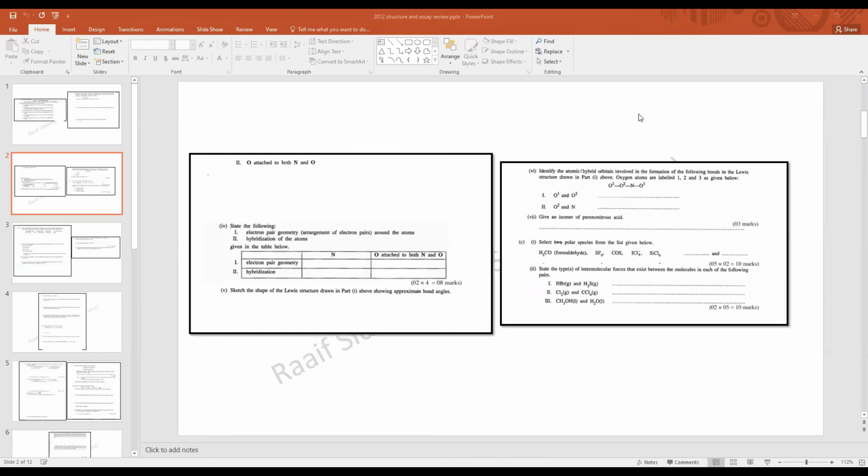Normally we identify isomers in organic chemistry, right? But here they are asking about an isomer of peroxonitrous acid. So you know the peroxonitrous acid. So peroxonitrous acid is this now.